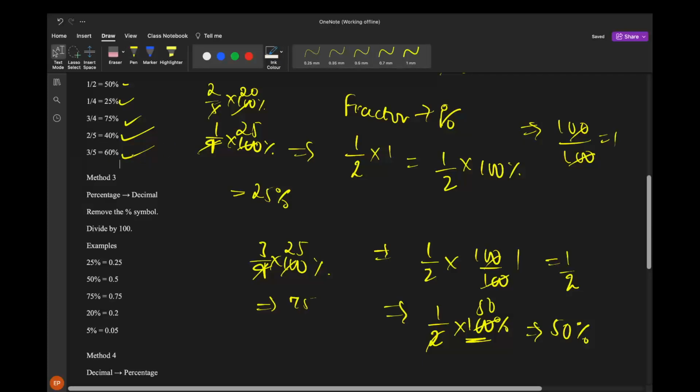I hope you understood. Just 2 by 5 we are multiplying by 100%. You are not at all changing the value, because 100% means 1 only, 100 by 100, which gives 1.